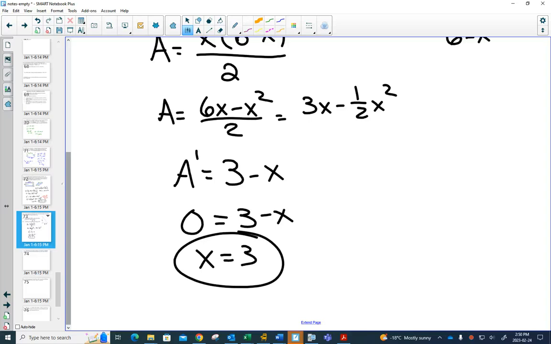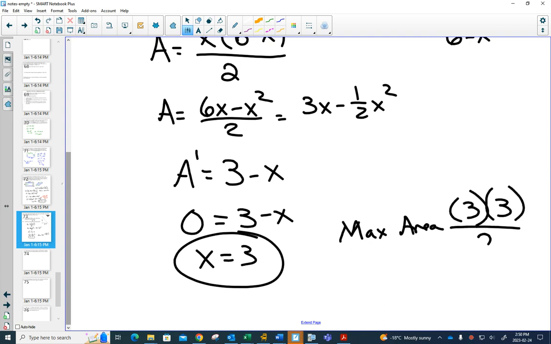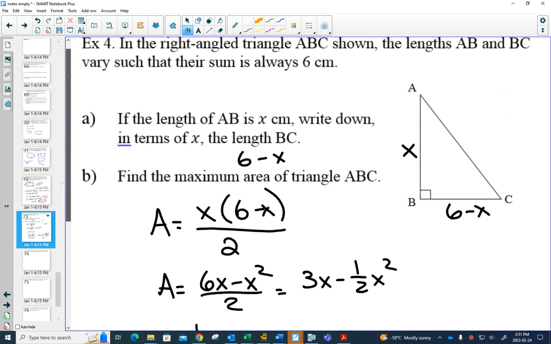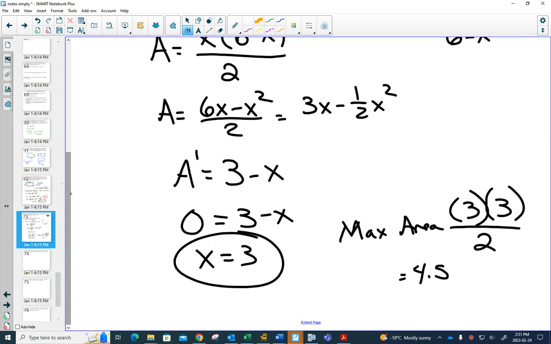So what's the maximum area? Well, so base, the height would also be 3. Was there units in this one? Centimeters? The max area is now 4.5 centimeters squared.